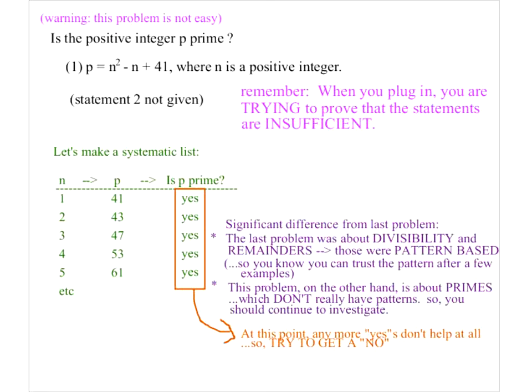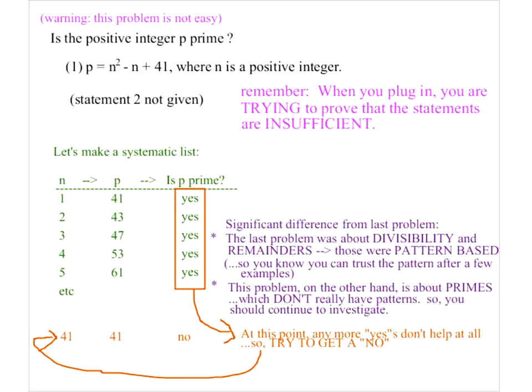Well, as one of our posters has pointed out, there's one number which will give you a no pretty much automatically here, and that's 41. Because then P is 41 squared minus 41 plus 41. And so that's no. And you don't have to think of 41 itself.